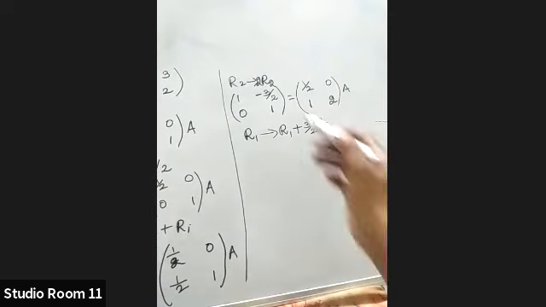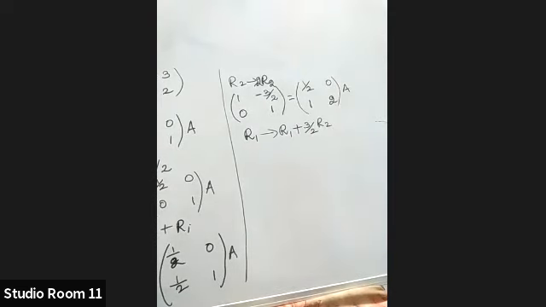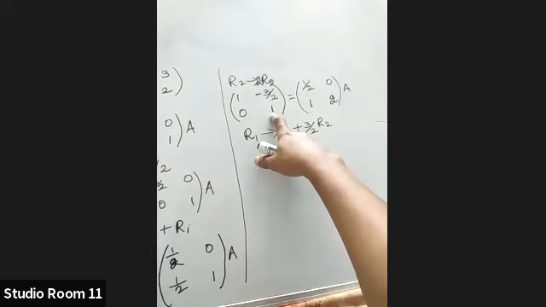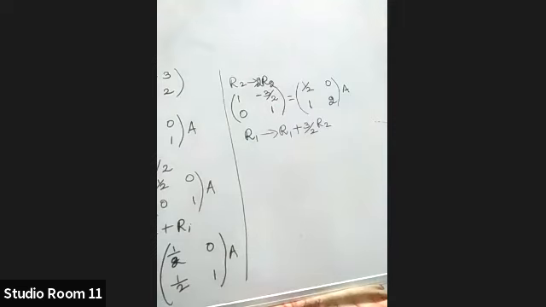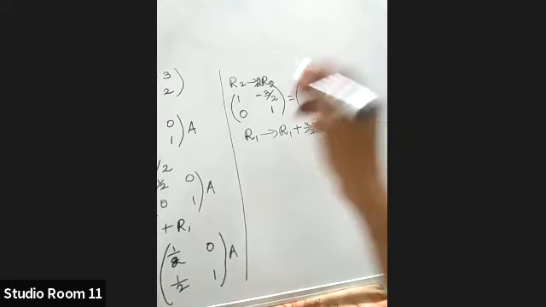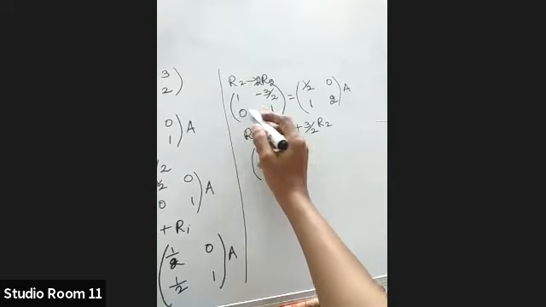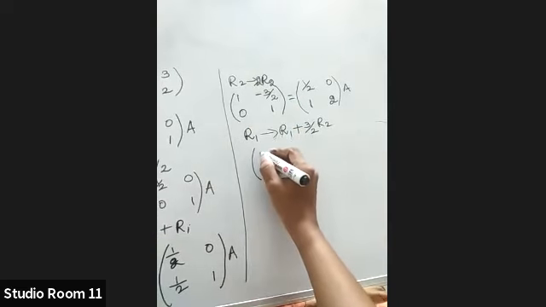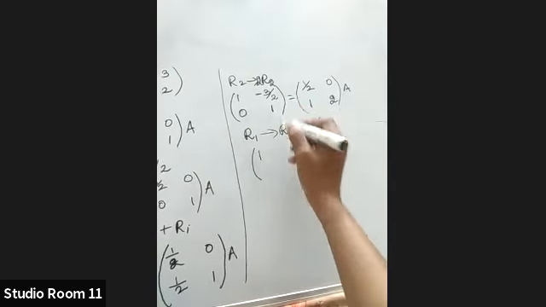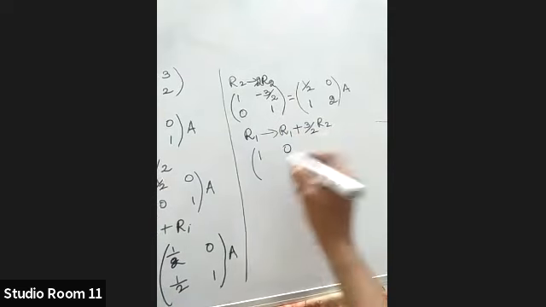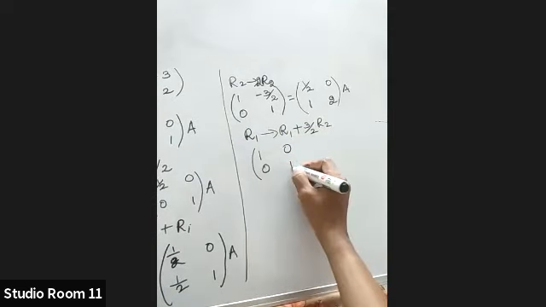Here it is 1, and multiplied by 3/2 it becomes positive 3/2; positive 3/2 minus 3/2 becomes 0. So in the first row, 1 plus 0 is 1, and -3/2 plus 3/2 is 0. Second row, no change: 0, 1.